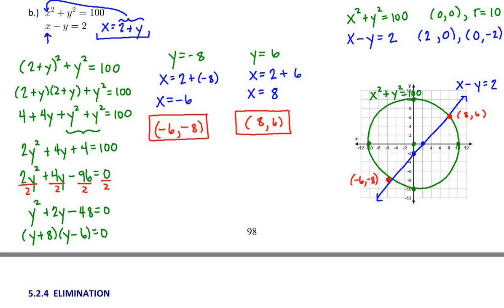But if I'm unsure, for example, about the point -6, -8, I would just test it out in each equation. So I'm going to plug -6 in for x, -8 in for y, and double check to see if I have a balanced equation. Looks like it works in the first equation.